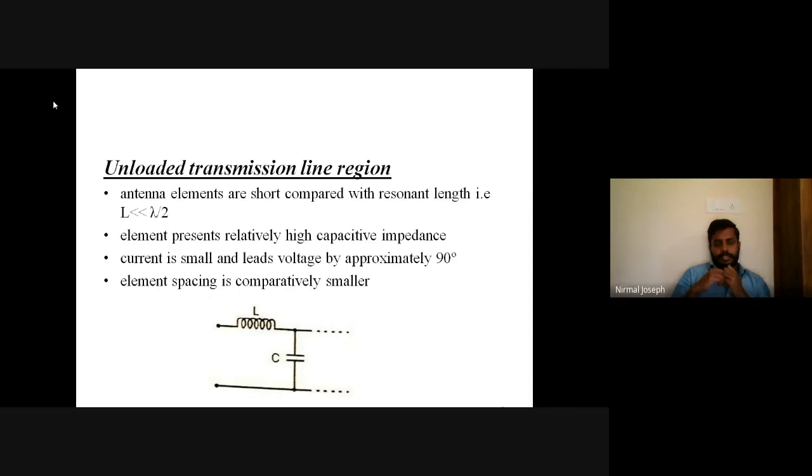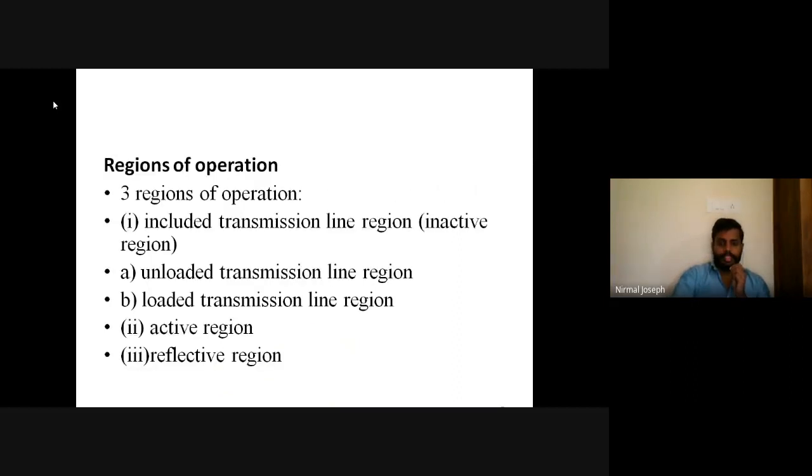Two current carrying elements separated by a small distance means there will be a capacitance. So the equivalent circuit is shown. One inductance will be there and one capacitance will be there, and the capacitance will be more prominent. The current leads the voltage by approximately 90 degrees, as in the general capacitive circuit case. So basically you have to remember that the inactive region is a capacitive region, in which two sub-classifications are there.